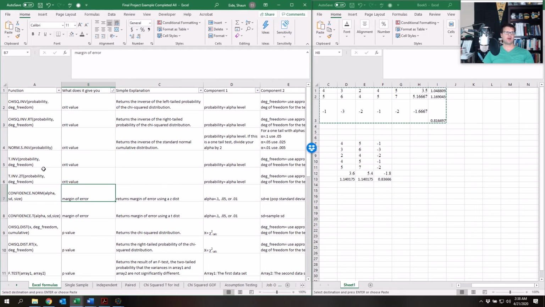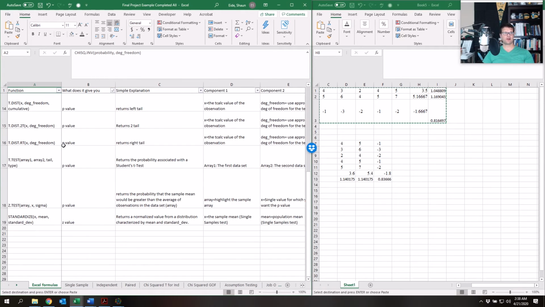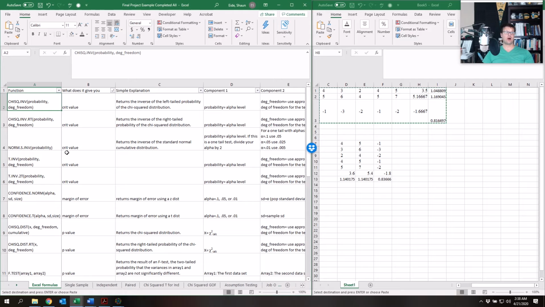It's basically all the Excel formulas that you need to know or that could benefit you when calculating hypothesis tests. And one of the things we are very much looking for is the test calculated value. So I want to know, what is the test calculated value?